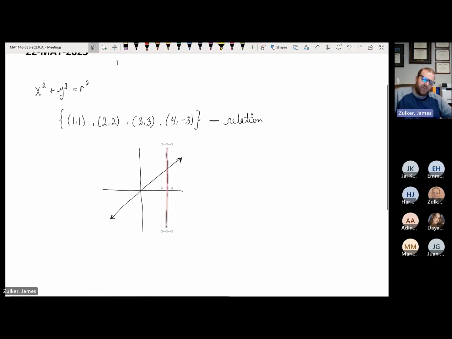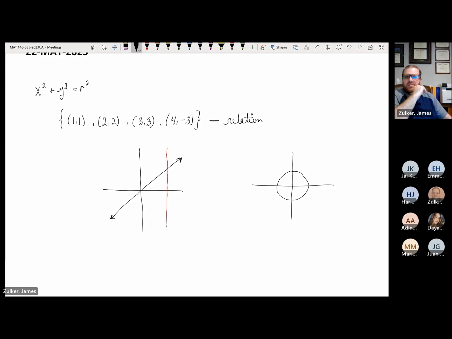So if we look at a circle, this is clearly not a function. Right? It intersects the curve in two locations.